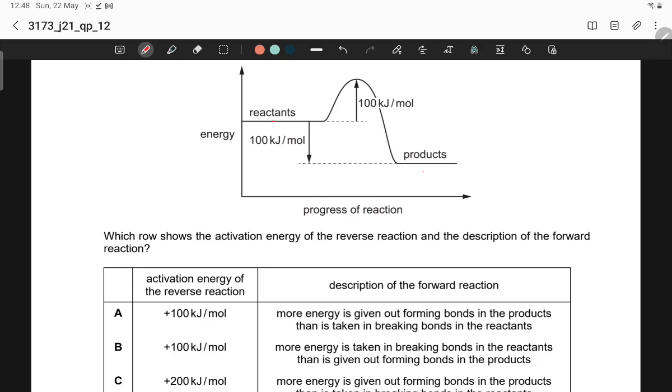This is the activation energy of the reverse reaction. Because the reverse reaction is endothermic, this will be the reactant for the reverse reaction, and this will be the product.